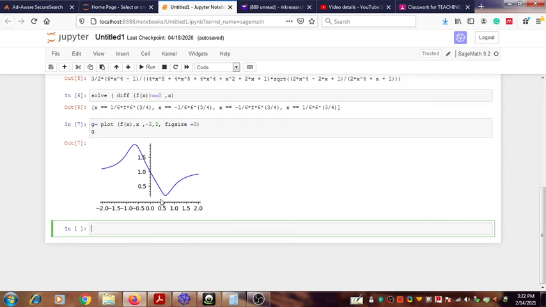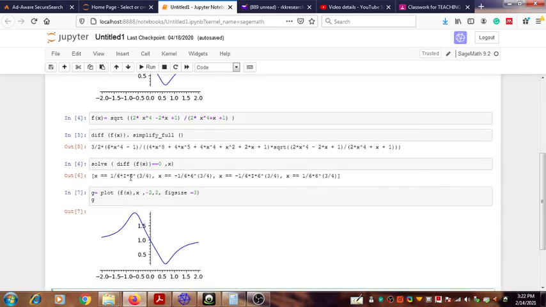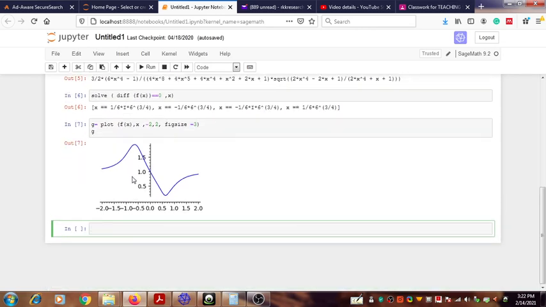Similarly, at this lowest point, the tangent will also be parallel to the x-axis. By this we come to the end of the solution of the problem. Okay, thank you.